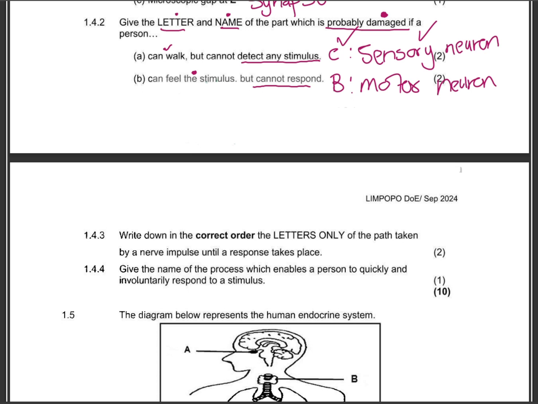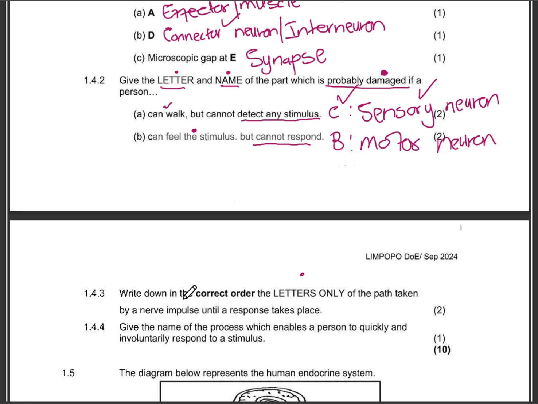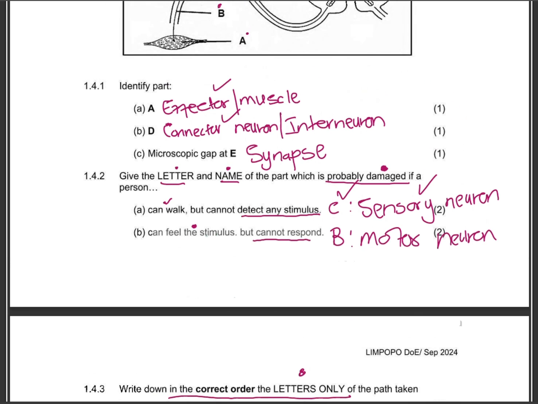Okay, 1.4.3, write down in the correct order. Hey, even in bold. In the correct order, the letters only of the path taken by a nerve impulse until a response takes place. 2 marks. Write down in the correct order the letters only of the path taken by a nerve impulse until a response takes place.